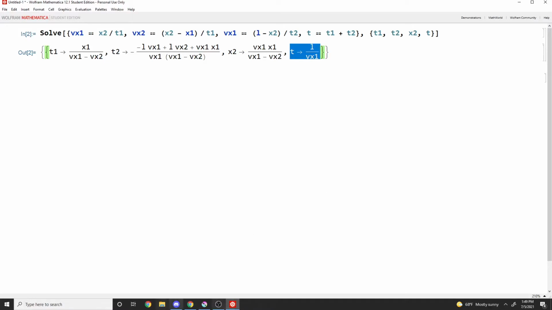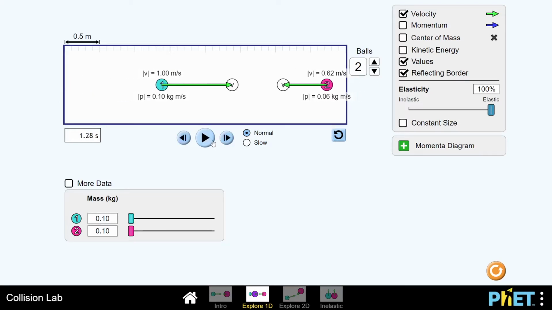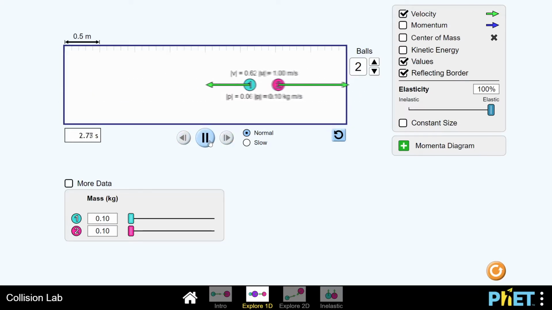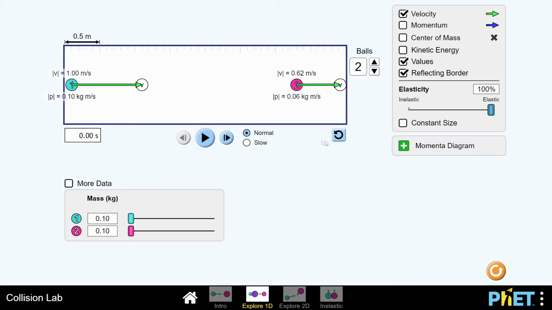Let's see that one more time. Here, 2mvx2, there's that collision. And then bam, here's 2mvx1. So this was the two collision scenario.